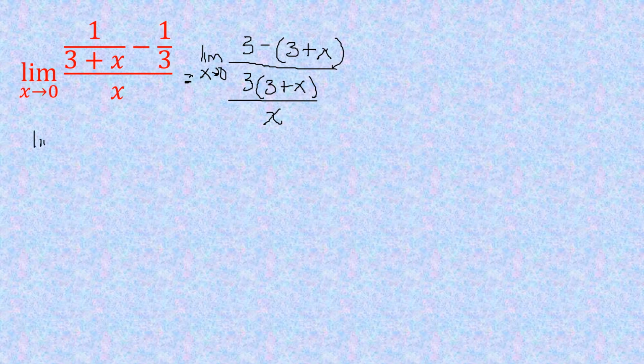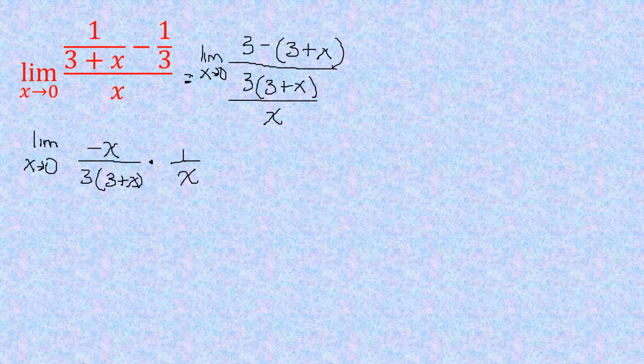And again, as long as I haven't done a direct substitution, I still have to write the limit. So the limit as x approaches 0, 3 minus 3 is 0. And I have to distribute that negative x, so that's going to leave me negative x over 3 times 3 plus x. And if you recall, I can write this as x over 1, so I'm going to multiply by the reciprocal. When you divide, you multiply by the reciprocal, so this is going to be times 1 over x.